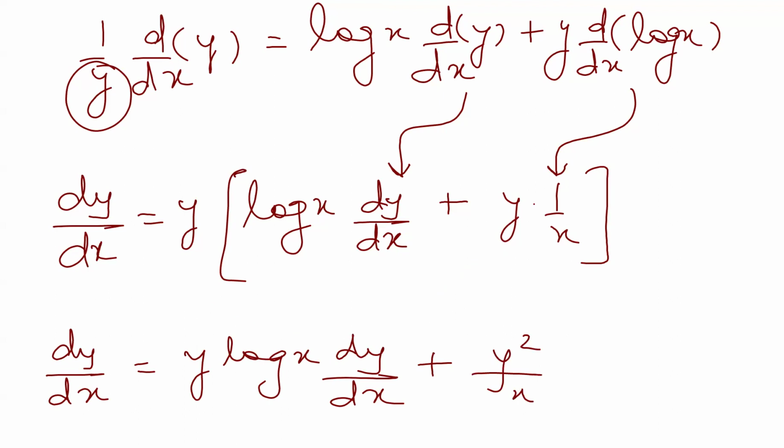After this particular step, can someone suggest what we are supposed to do? What we are going to do is take the dy by dx terms together. So this term and this term we are going to keep together. This term will be shifted on the left hand side.